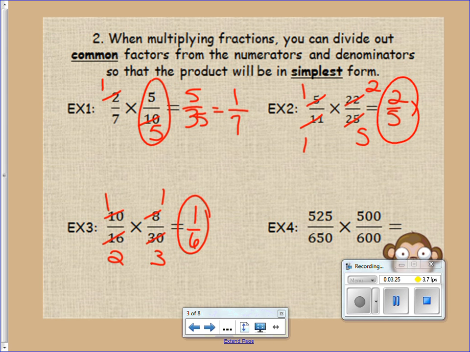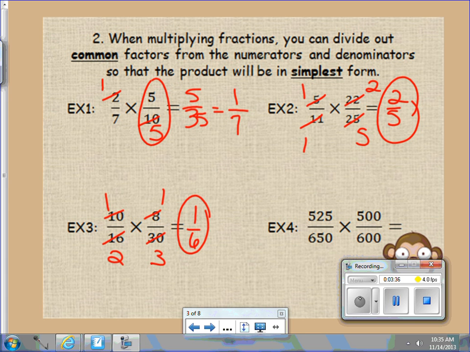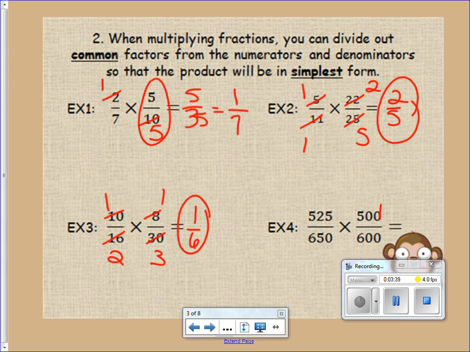In example 4, we're going to try to either simplify and also divide out the common factors. So what we can do in example 4 is simplify, divide this numerator and denominator by 100. So that changes to 5 over 6. And then 525 over 650, we can reduce by 25 going into each one.